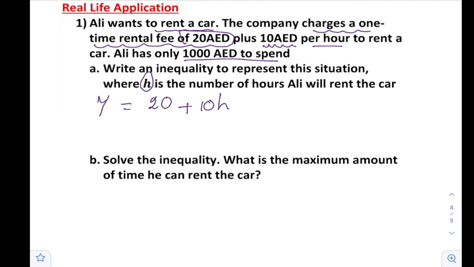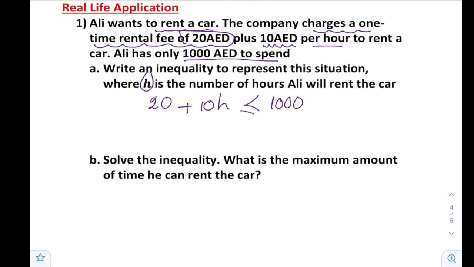And this amount, which is the cost, should be less than or equal to 1000, the maximum amount that he can pay.